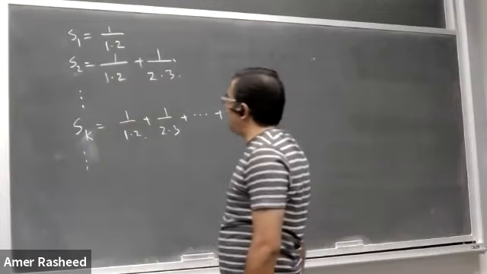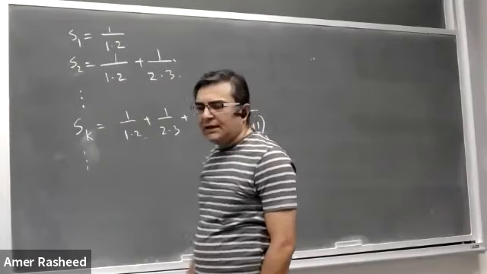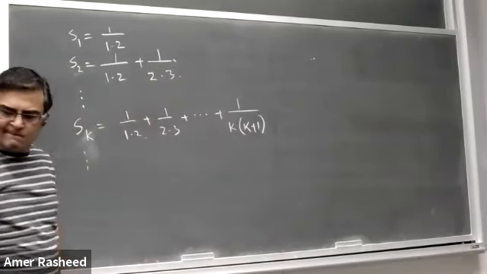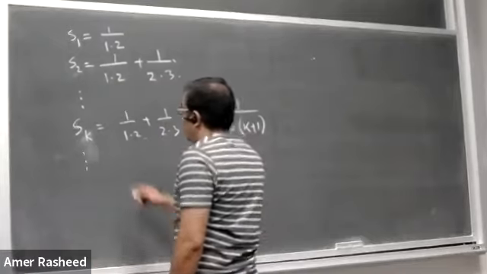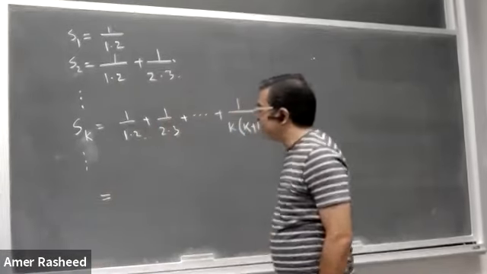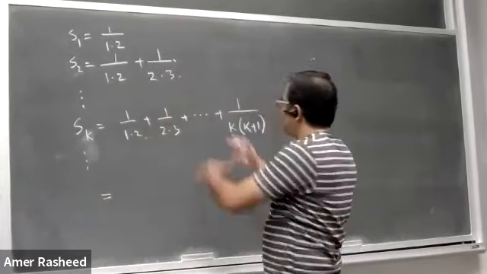Now, what we do here is separate the two terms in the denominator, using partial fractions.